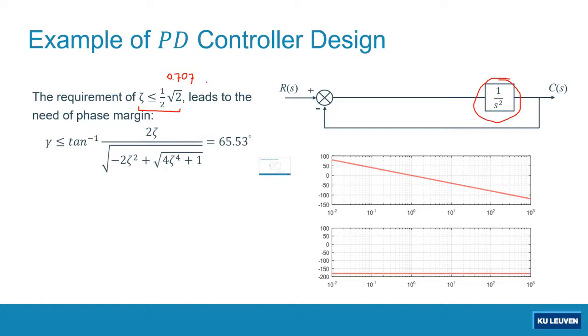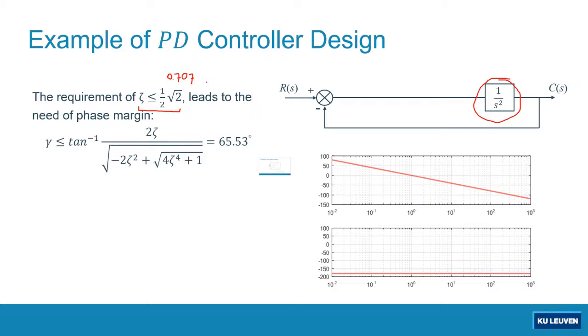Of course, same as what we did in P as well as in PI controller design, the dynamic requirements have to be translated into a frequency response requirement, and the frequency response requirements can be the requirement of a phase margin frequency, a gain margin, or gain margin frequency. We have already discussed the relationships between zeta and omega n to phase margin frequency, gain margin, and gain margin frequency.